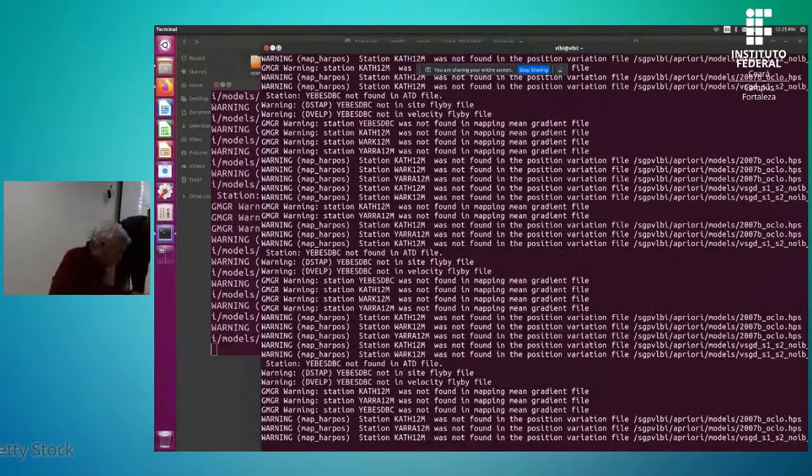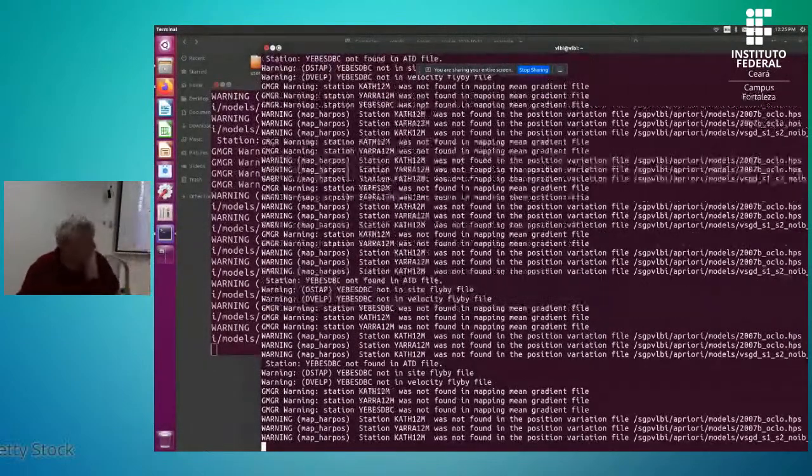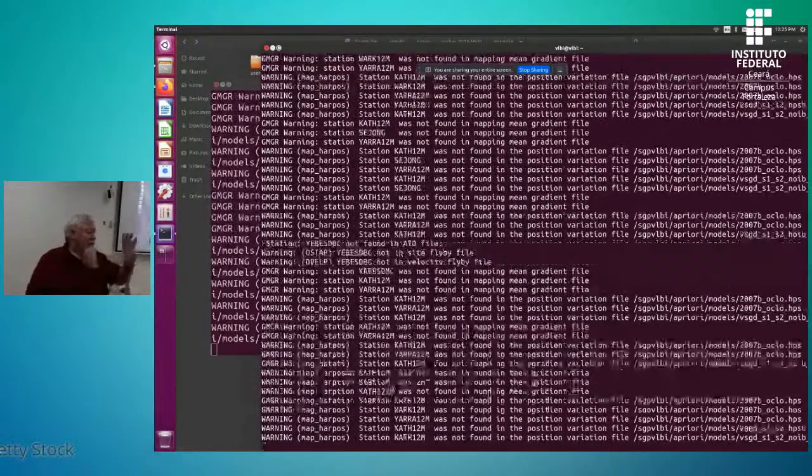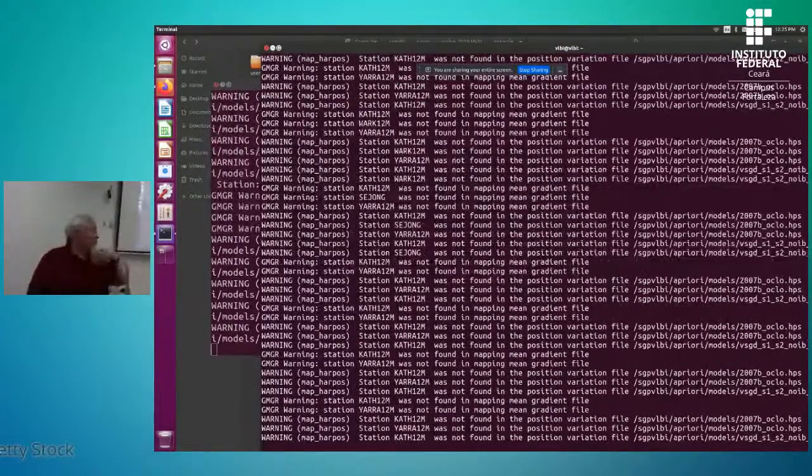Now it should work. And do the same thing to E2. Okay, I have to read it, right? Yeah, you did the same thing for VMF3. Yeah.